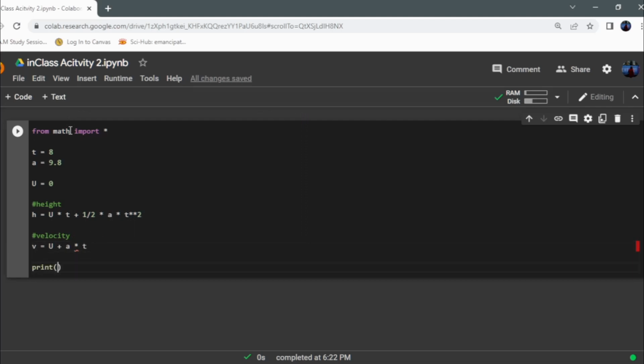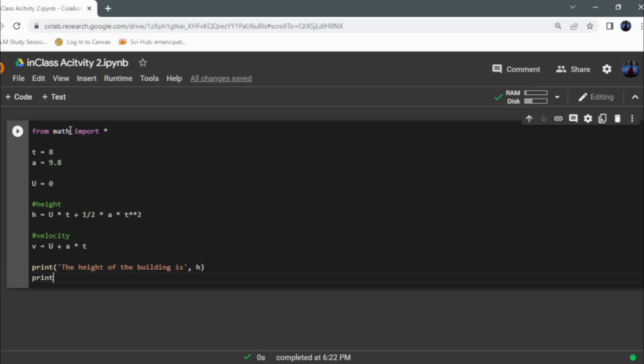Print statement: the height of the building is, and then you have the height, and print the velocity of the body when it reaches the ground is, the velocity.